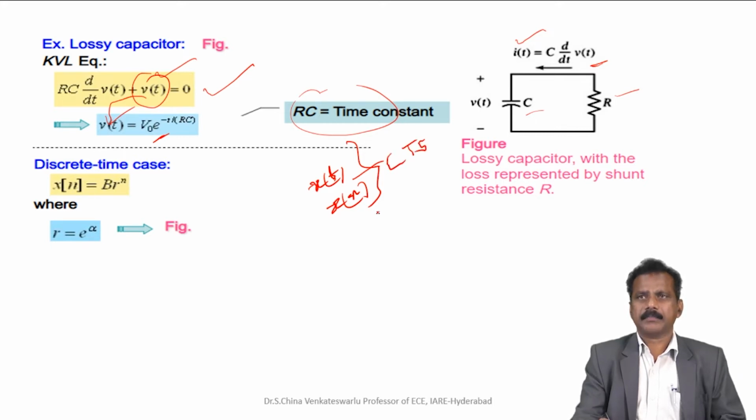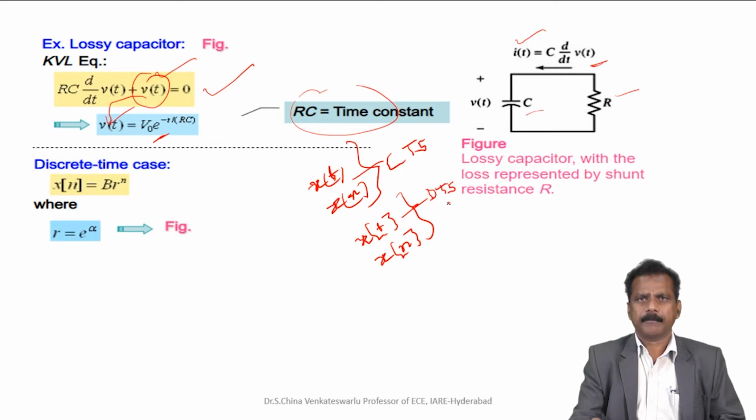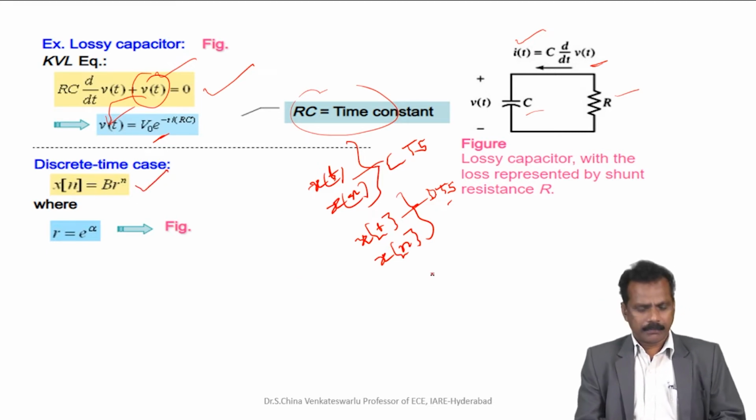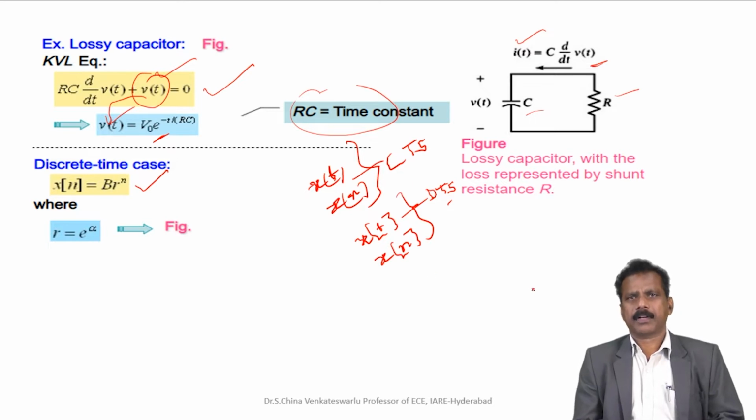Coming to the discrete time signal x of n, the discrete time exponential is x of n equal to b into r power n, where r is equal to e power alpha.